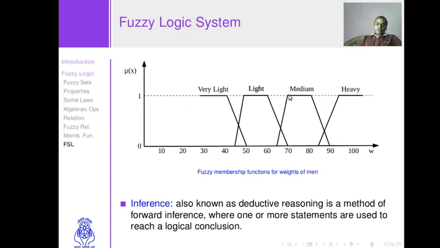From 70 to 85 we say that definitely a man is a medium weight person, but as the weight approaches 90, we decrease the degree of membership, and at 90 it becomes 0. At 90 plus we say that definitely a man is a heavyweight person.